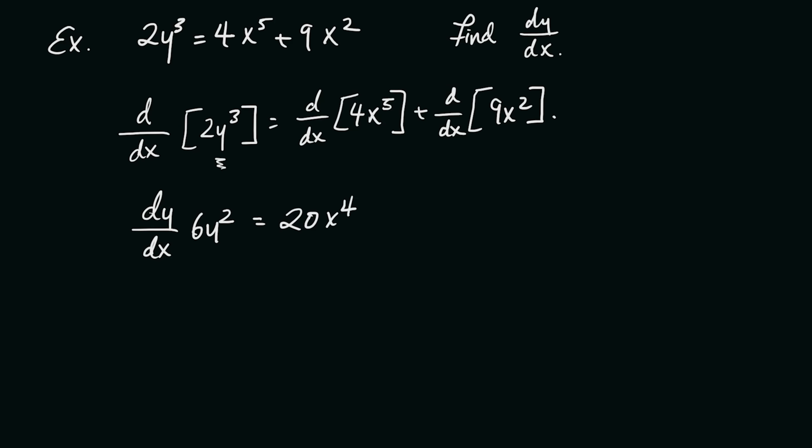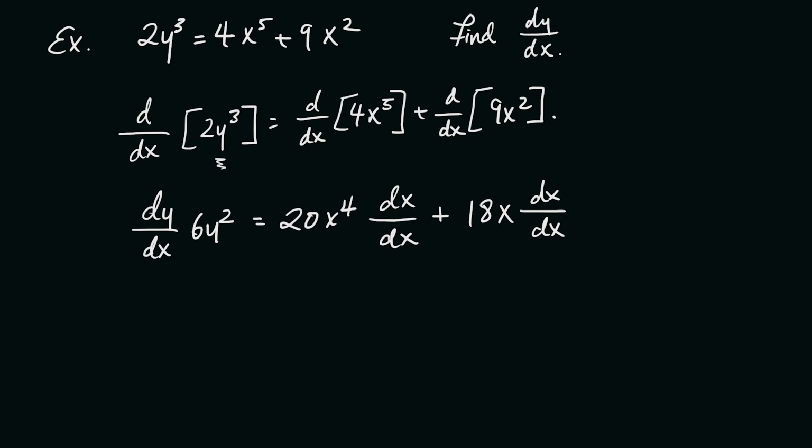But don't forget, we have to put the dx over dx, right? The derivative that we just did was for the variable x, and also we're still doing it with respect to x. So it becomes dx over dx. Now, the same thing occurs with the second term here. It becomes 18x dx over dx.